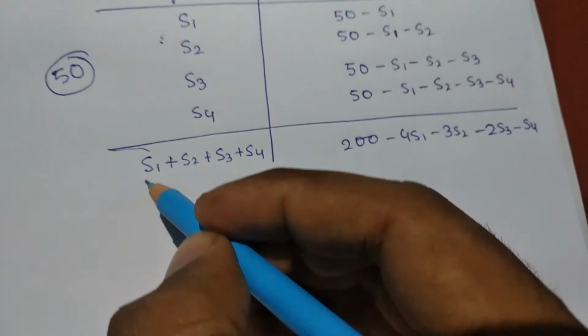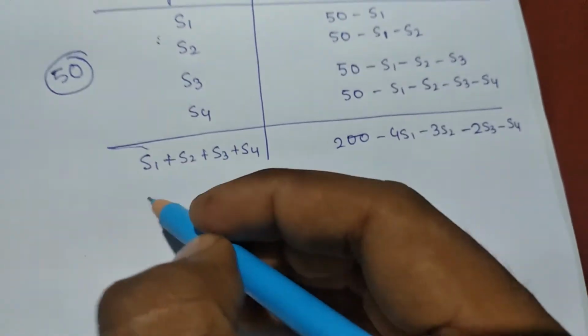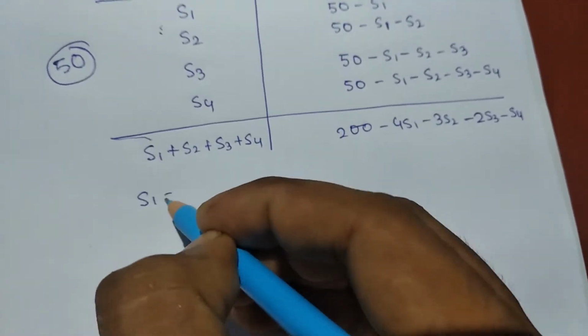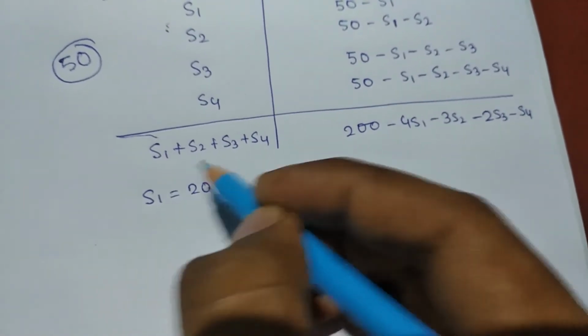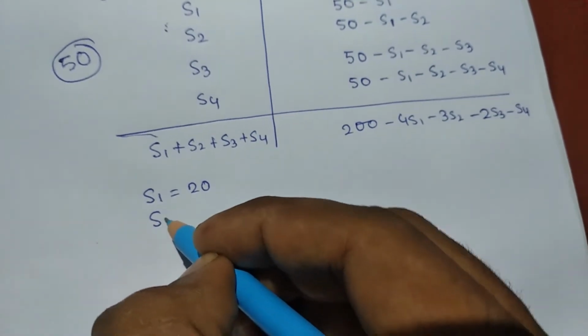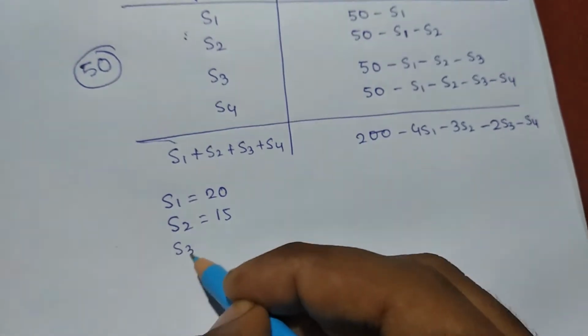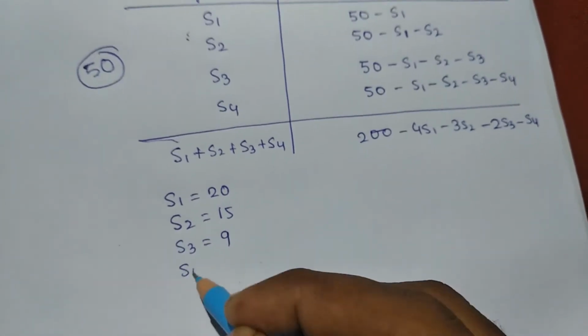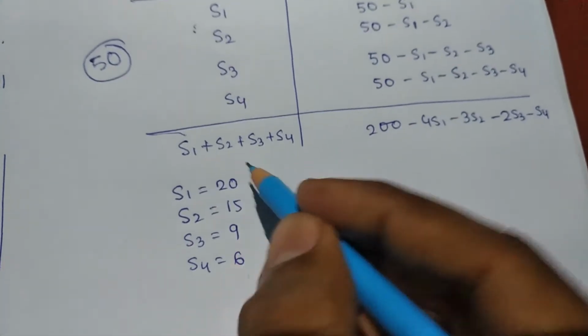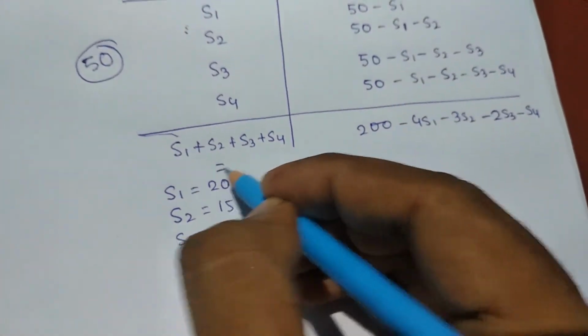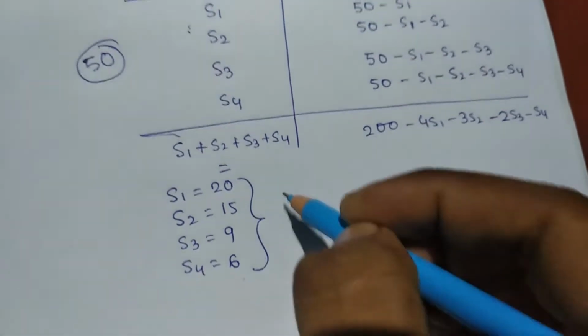Like the previous problem, if we put the values S1 equals 20, S2 equals 15, S3 equals 9, and S4 equals 6, just put these values in.